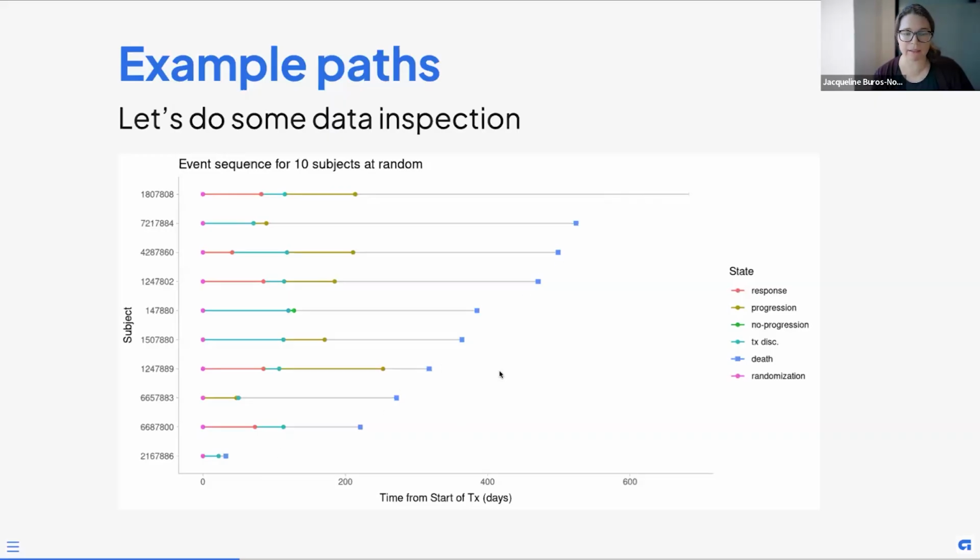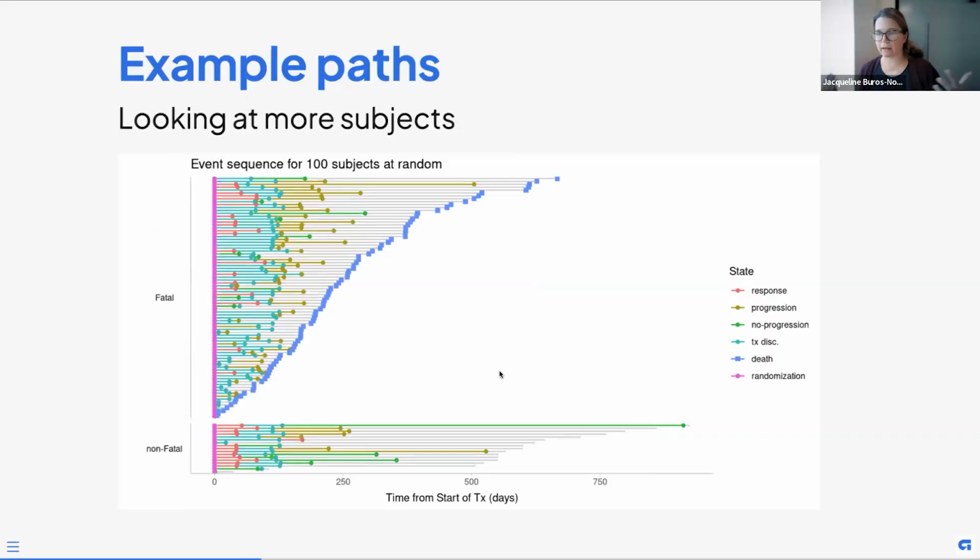If we expand this to a larger sample of patients, we get a better sense of what the typical paths look like in this sample of data. So this is a trial of patients who don't have a great prognosis, so the rate of fatality, unfortunately, is quite high.